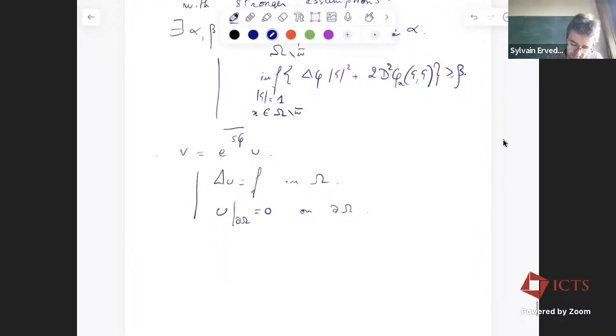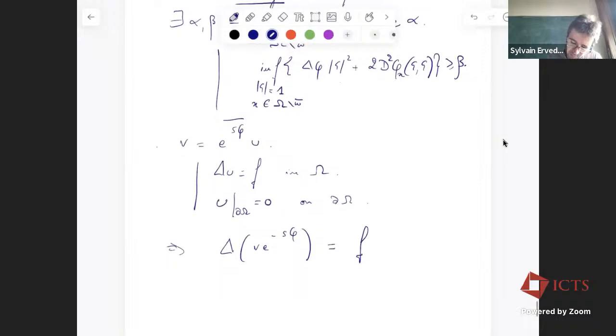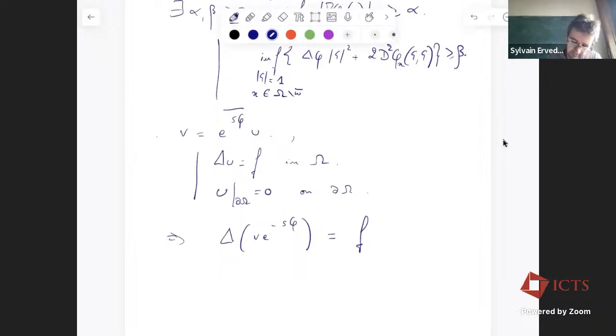And of course, this translates as Laplacian of v exponential minus s phi equals f. And since we do not like to have weight only on one side, we will really look at the conjugate operator.